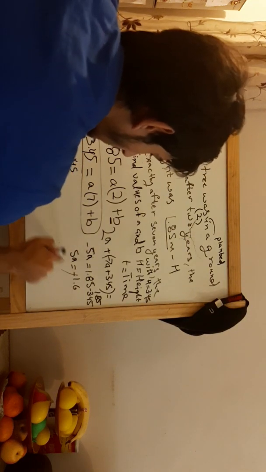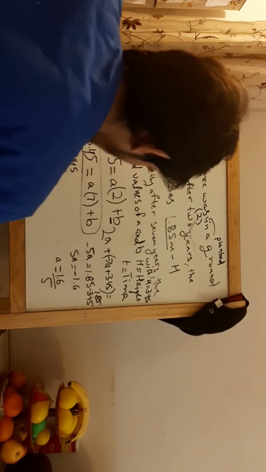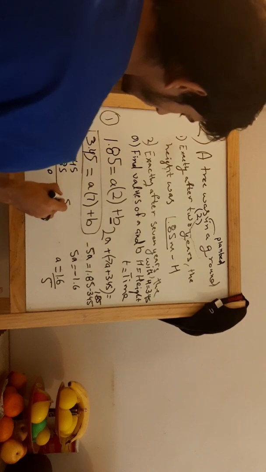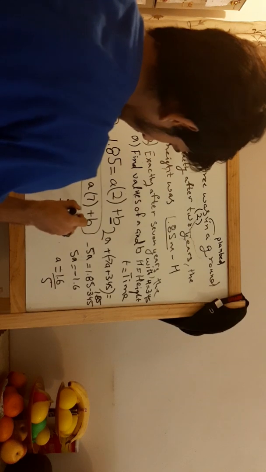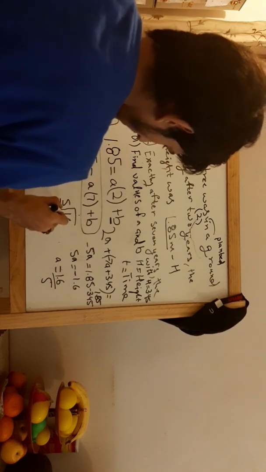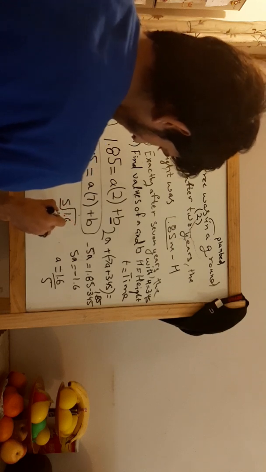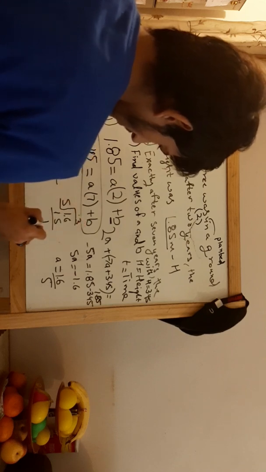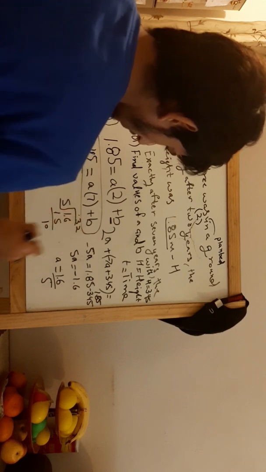Now what you're going to do, you're going to cancel out both of them, or maybe you can cancel them out afterwards when you divide them. A equals 1.6 over 5, which gives you 0.32.